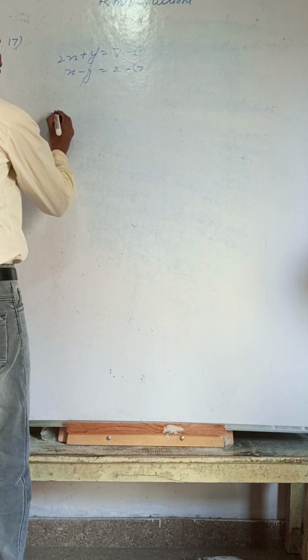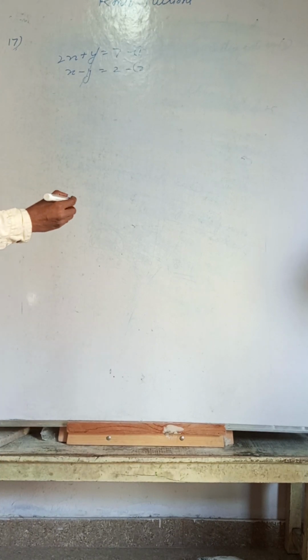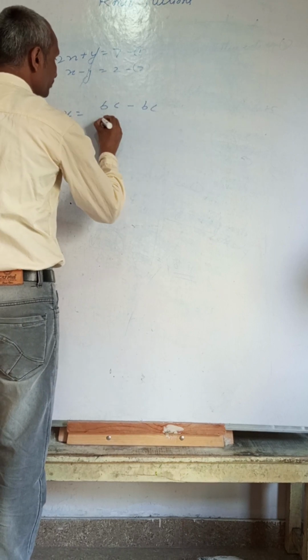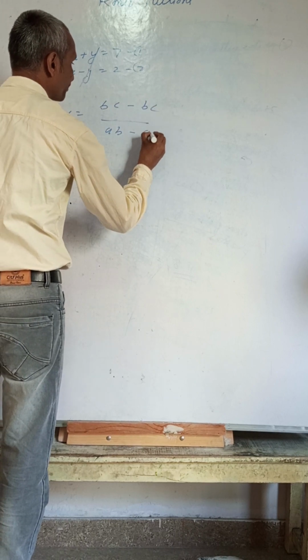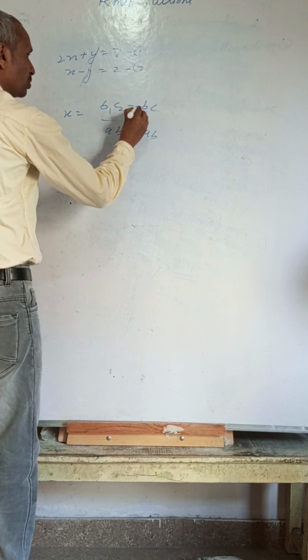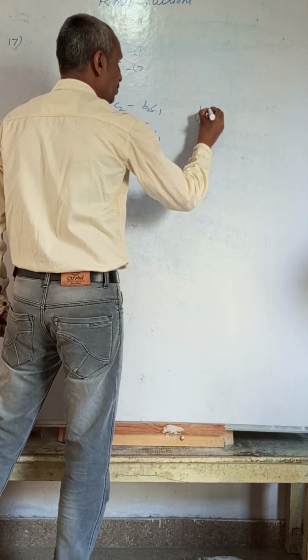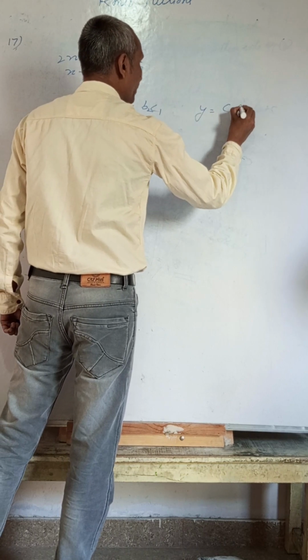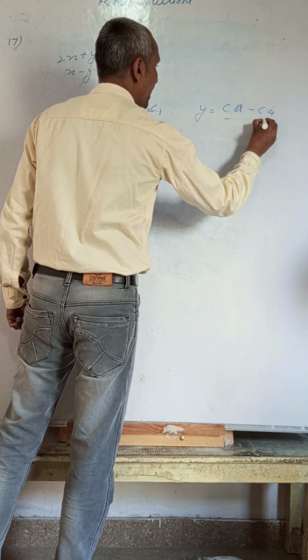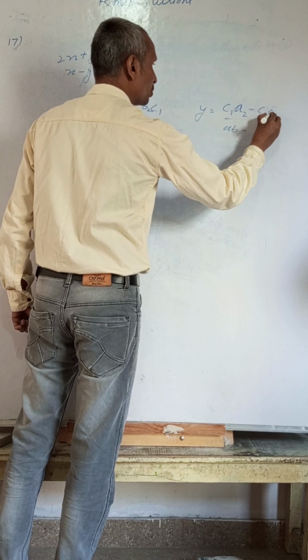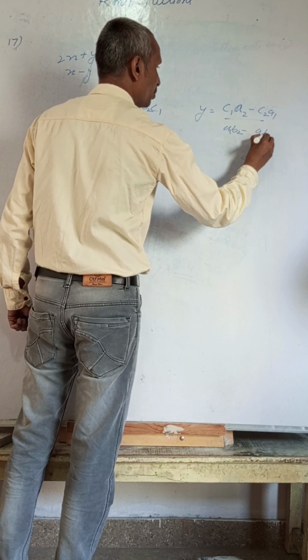To remember it easily, the formula is: x is equal to BC minus BC by AB minus AB, writing 1 2 2 1, 1 2 2 1, and y is equal to CA minus CA by AB minus AB, here also 1 2 2 1, 1 2 2 1.